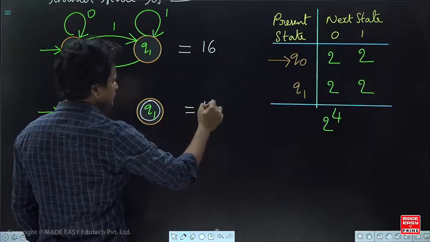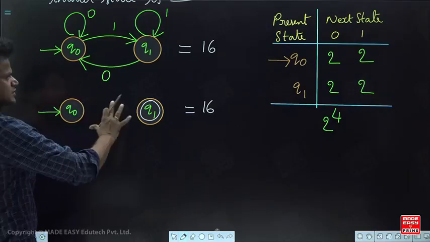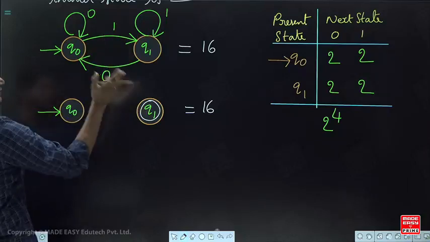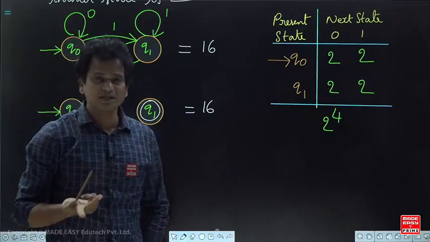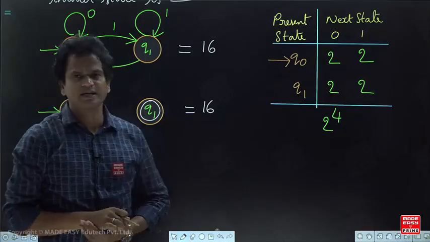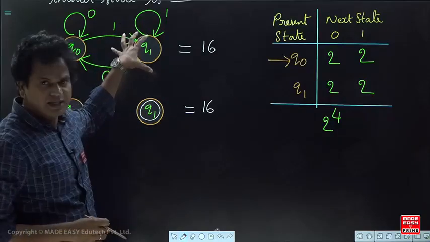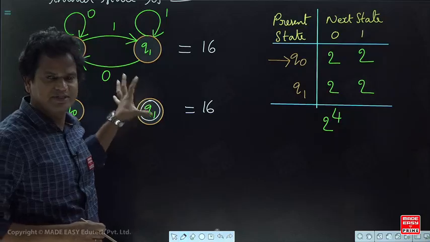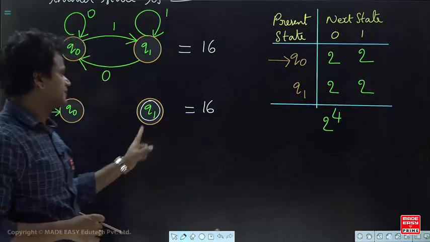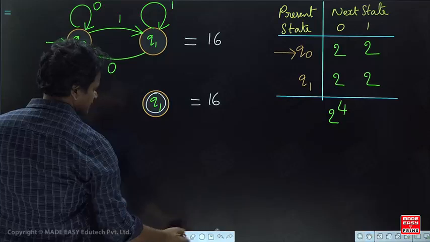Now when Q naught is initial and Q1 is final, the same 16 structurally we will get here also. Then what is the difference? Here no one is final, here Q1 is final. Therefore these 16 are finally different.